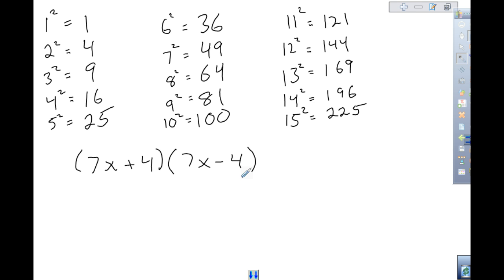Go ahead and multiply those together. If you want to use the box, that's fine. Let's see, what would you get? So remember, you're multiplying. These are on the outside. What do you get as an answer?